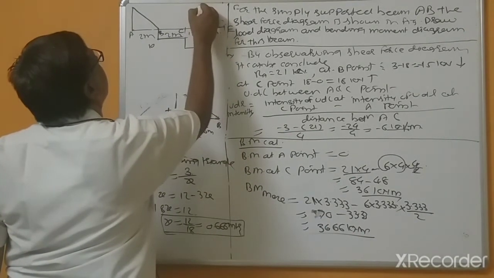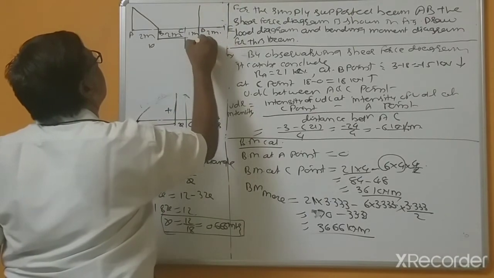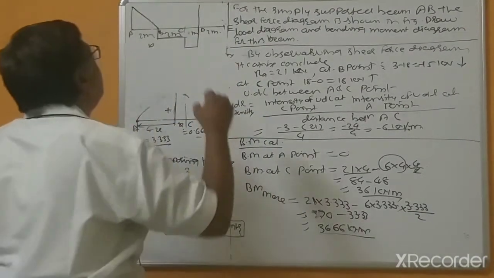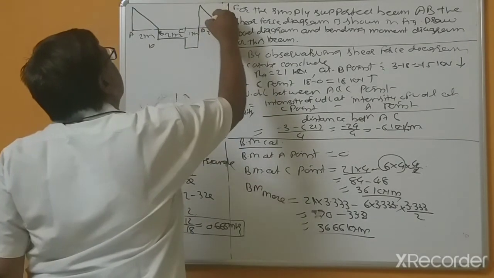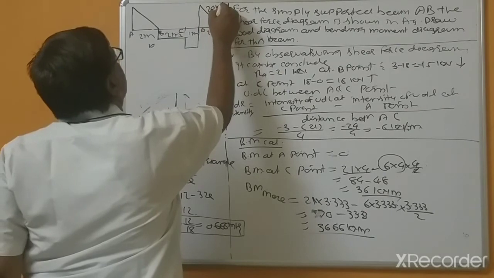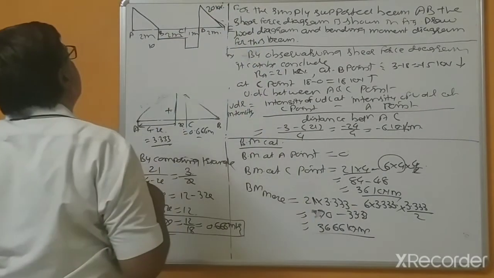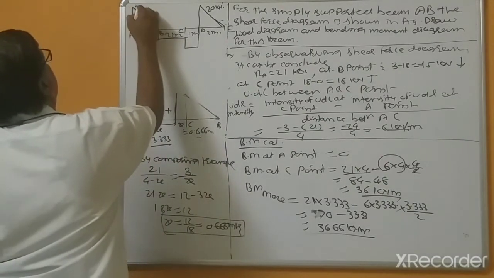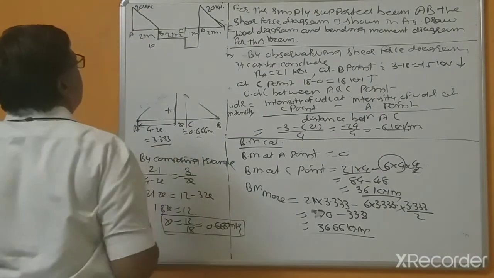Again this is 20. So after that, this is 0. This is 20 kilonewton. This is shear force diagram. Right.